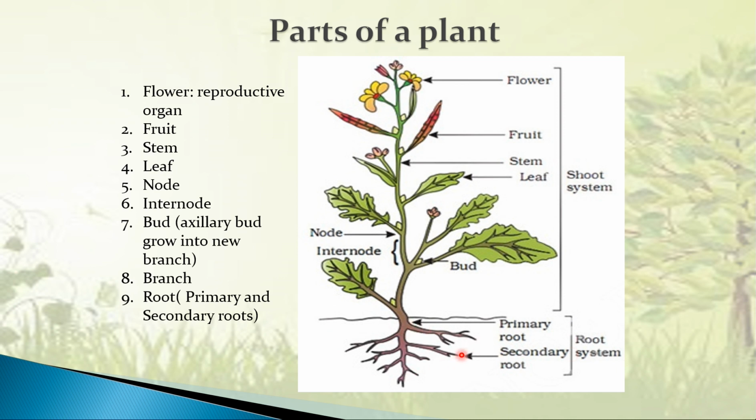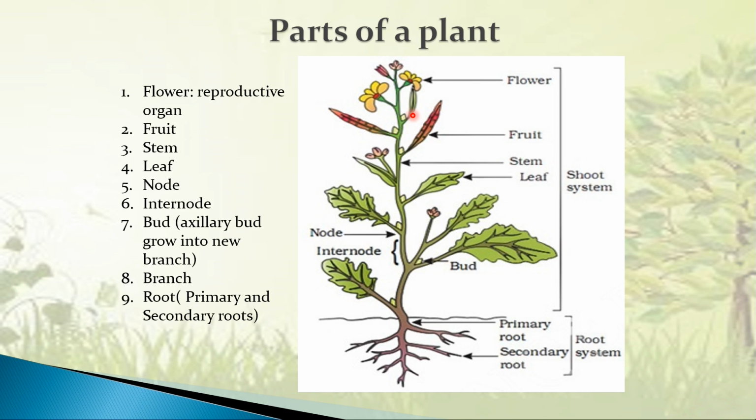This is the primary root, and the branches of the primary root are called secondary roots. Now the shoot system: it is the aerial part of the plant. Aerial means it is present above the ground. It bears the stem, leaves, buds, flowers and fruits.